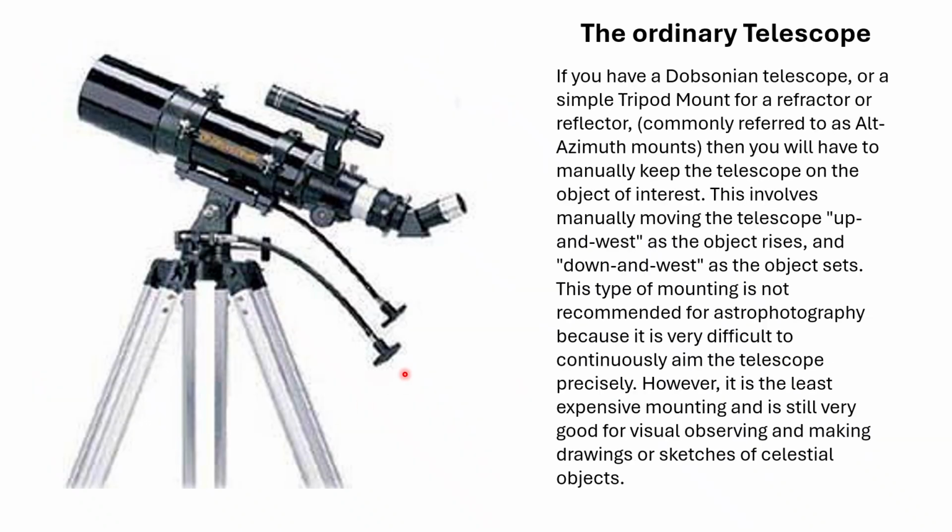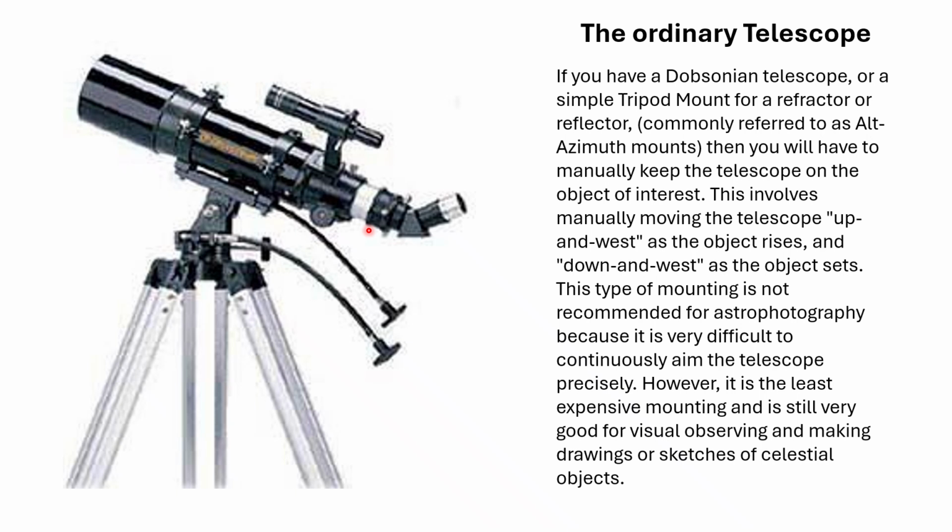In the ordinary telescope, that is the Dobsonian telescope, a simple tripod mount for a refractor or reflector is there. Here you will have to manually keep the telescope on the object of interest. This involves manually moving the telescope up and west as the object rises and down and west as the object sets.